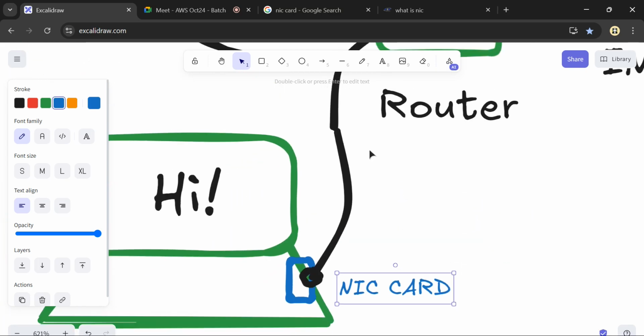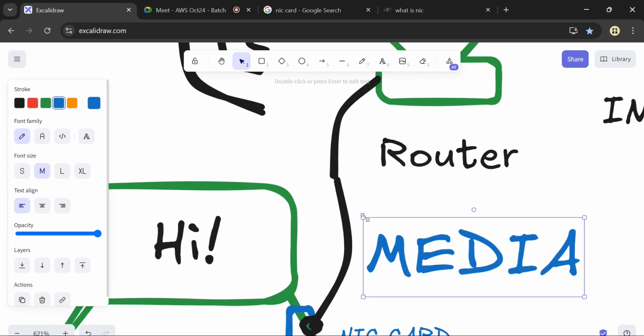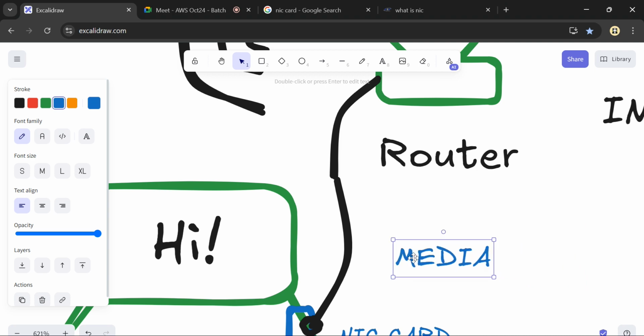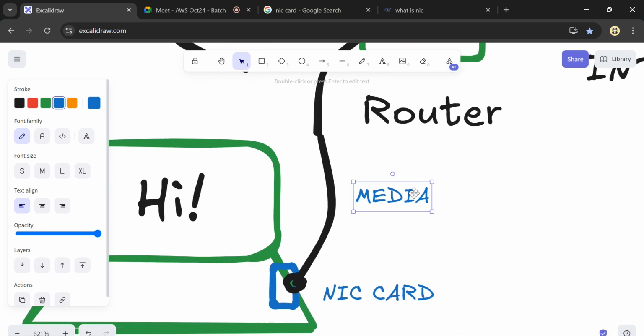Now, the second important component that you can see here is this. This cable is also responsible for networking. Now this cable is called the media. So through which media am I connected with my NIC card? Either this can be wired or it can be wireless.